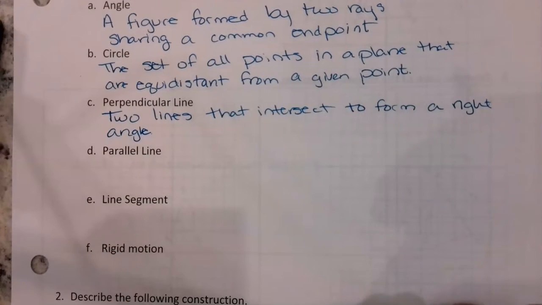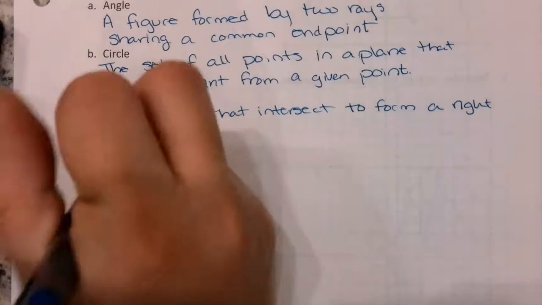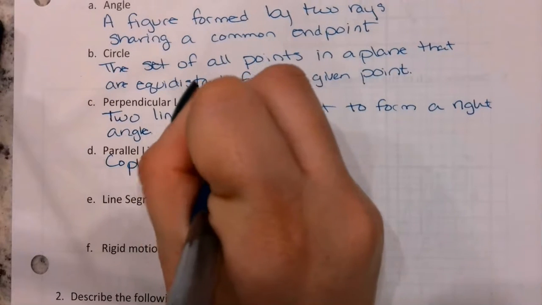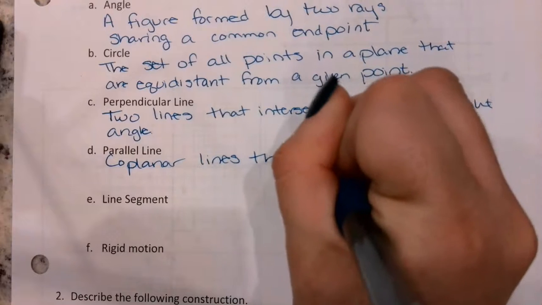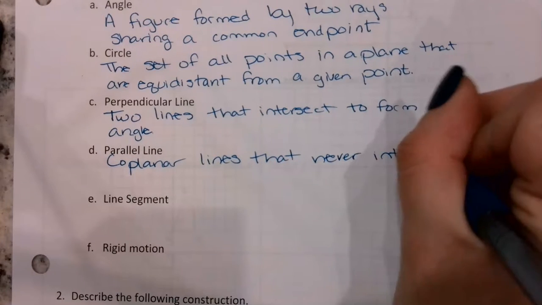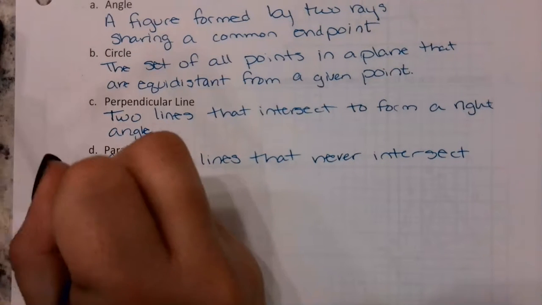A parallel line is coplanar lines that never intersect. A line segment consists of two endpoints and all the points in between.